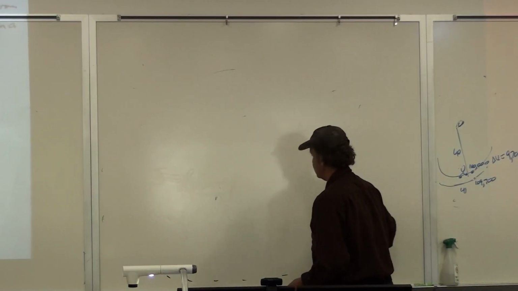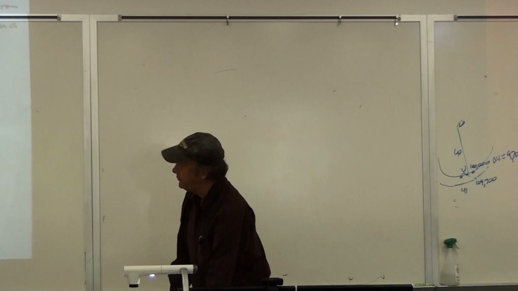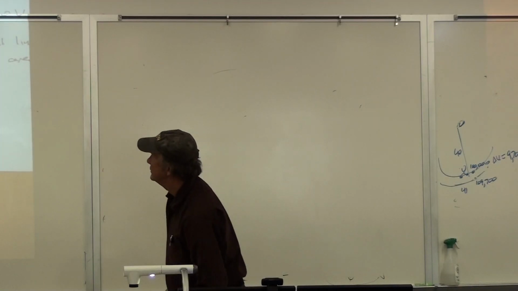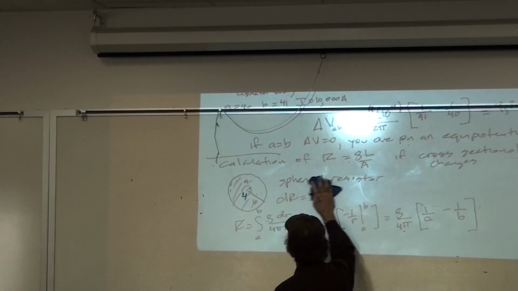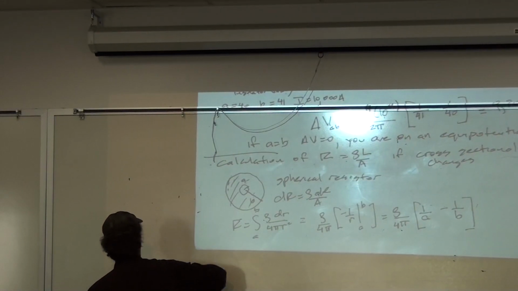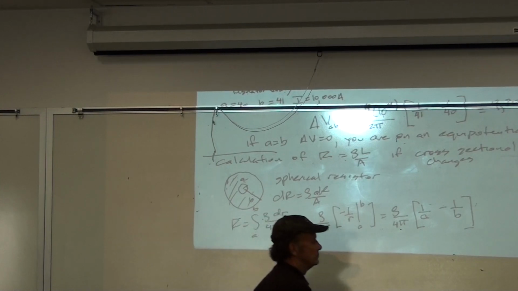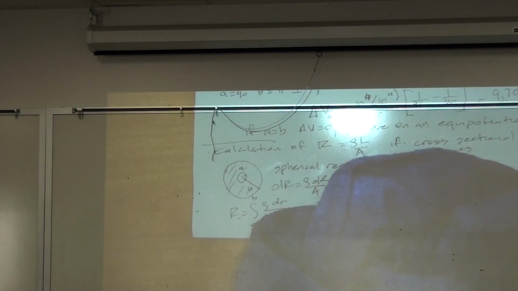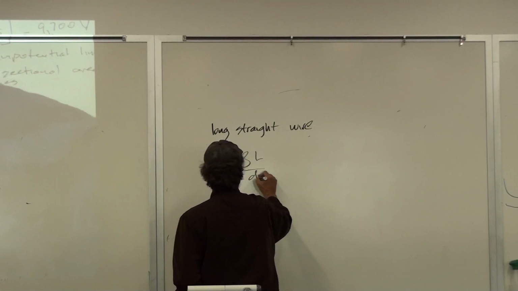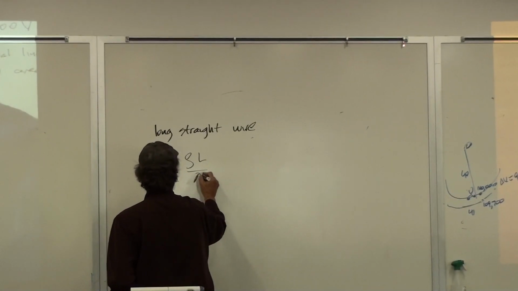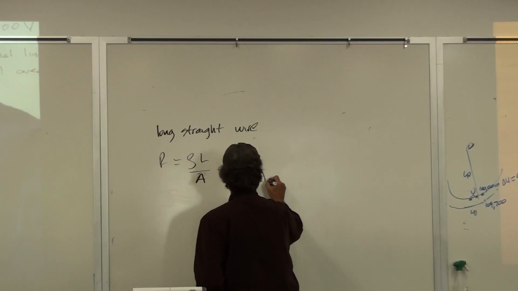And we know that for a long straight wire, the resistance is rho L over A. But what if the area were to change?